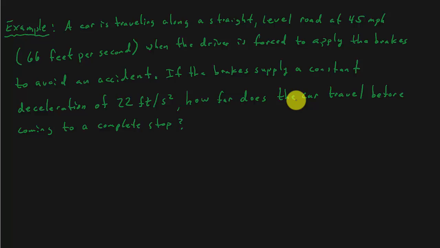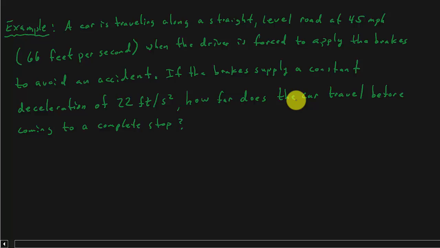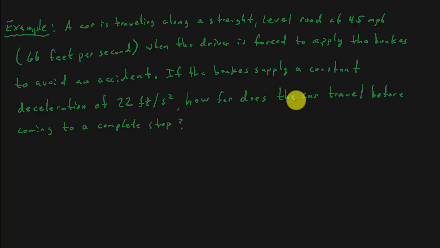All right, so let's think about this. What do we have involved here? They give us a deceleration, or acceleration that's negative, right? So we're looking at acceleration, and what else?